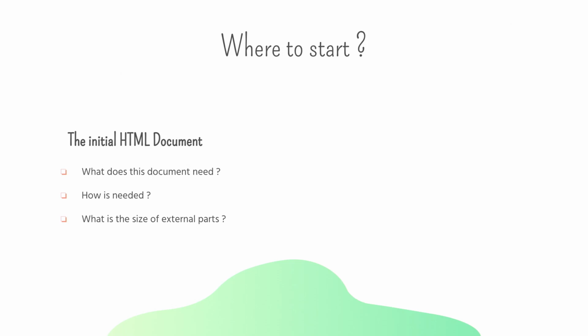When you find this file, the questions to ask yourself are: what does this document need, how is it needed, and what is the size of the external parts? What is the size of my image? Do I have to load all the scripts, etc.?